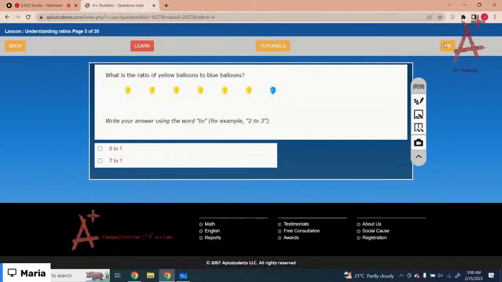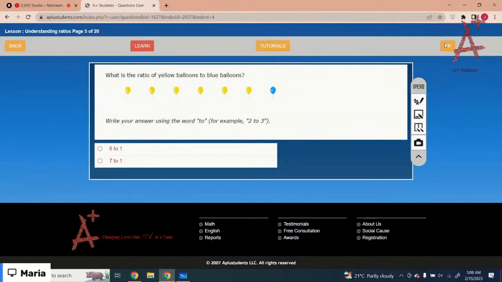Okay. What is the ratio of yellow balloons to blue balloons? How many yellow balloons are there? 6 of the balloons are yellow and one of them is blue. 6 of them are yellow.